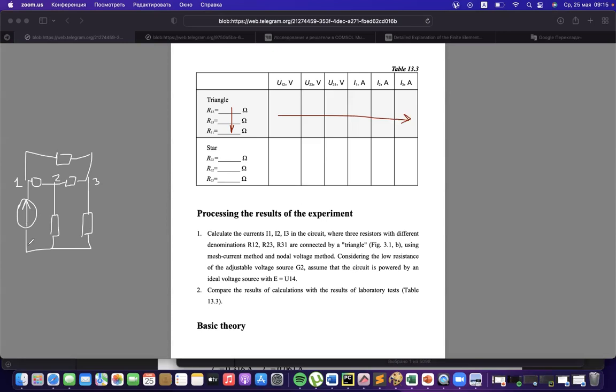You have 3 values of currents, I1, I2, and I3, and voltages between points 1, 2, and 3, as it is here. Fulfill the first table starting from this circle.